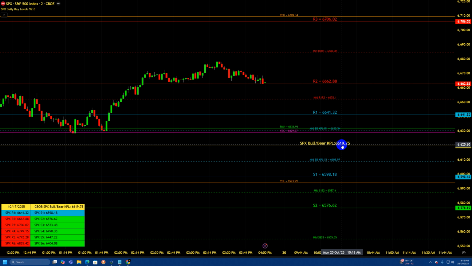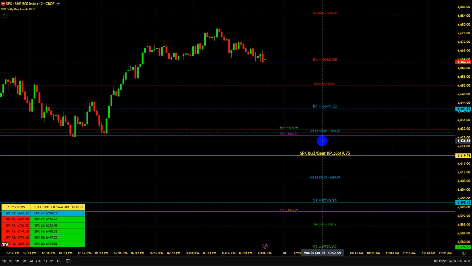Now, how you determine the out of the money options: there are basically 2 options you can use on a bullish play from the bull bear key price level. Your first out of the money option is the first midpoint above. On a bullish play, that's the first out of the money option available to you, and that would be taking the 66.30.54 price of this midpoint. What is the closest strike to that?